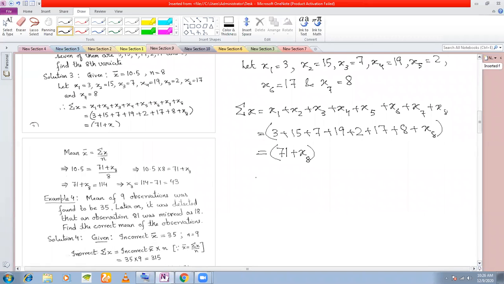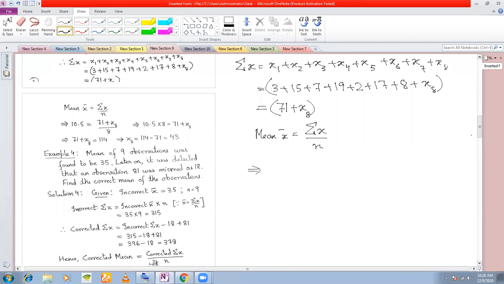So we know that mean x bar is equal to summation x by n. Put the values. How much is the mean given to you here? 10.5. Summation x is 71 plus x8, and n here is 8. Now this is an equation in x8, you just simply solve it. So 10.5 into 8 is equal to 71 plus x8.